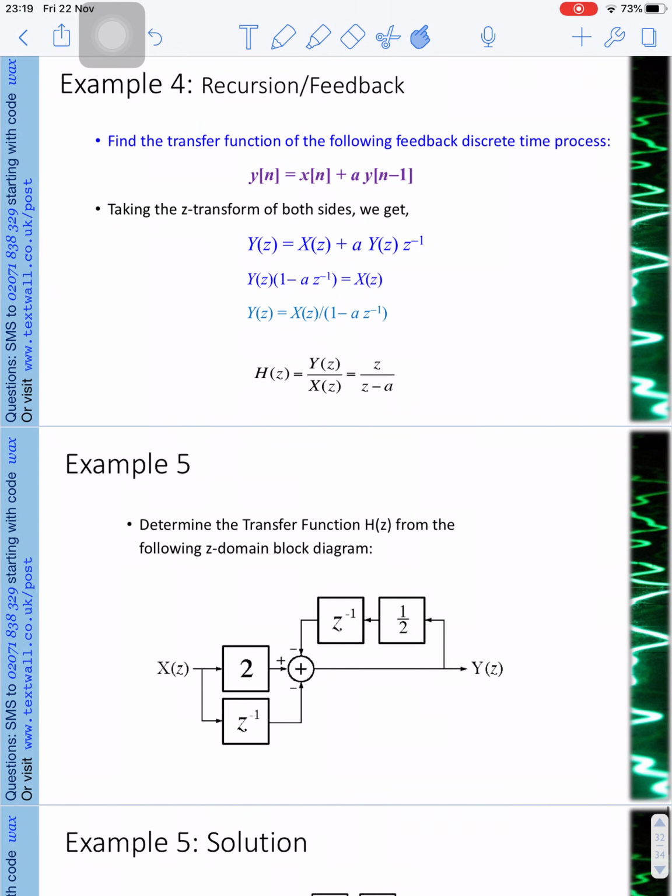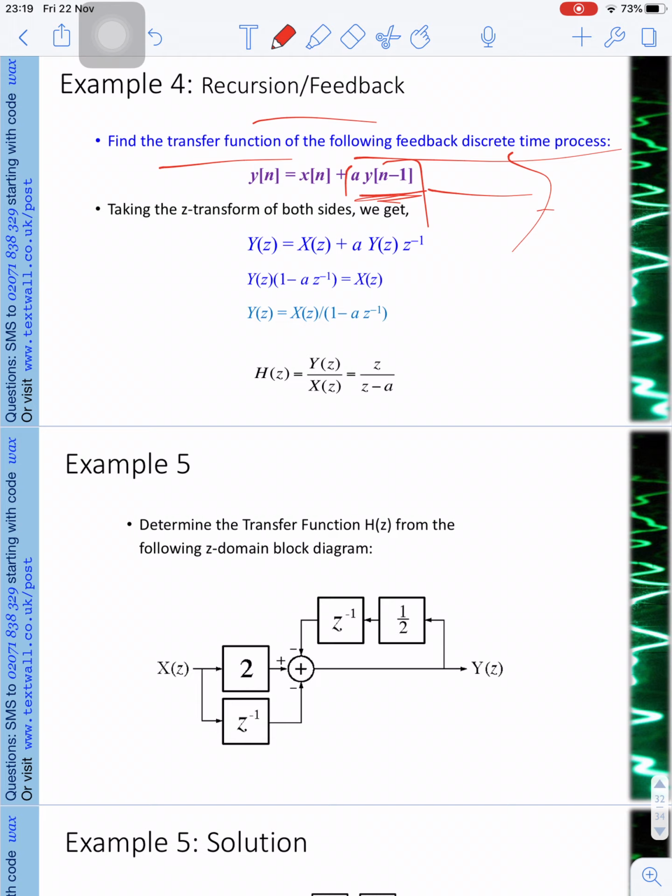Okay, let's talk about the recursion and feedback. Find the transfer function for the following feedback. It is worth noticing that this one is a kind of recursion where it is calling itself again. So how do we deal with that? We are going to do the Z transform, as we know the Z transform for a delayed signal.